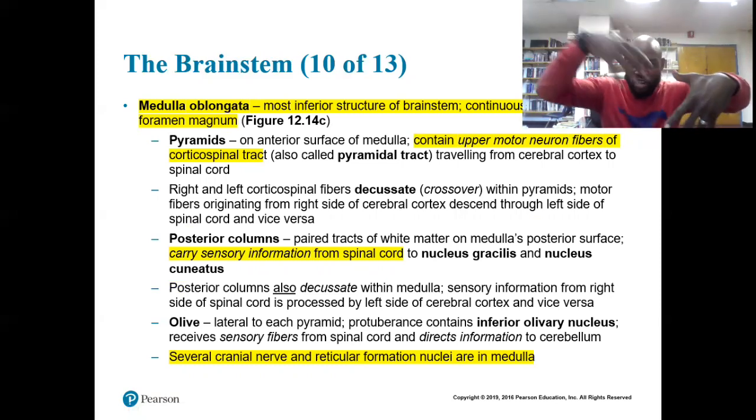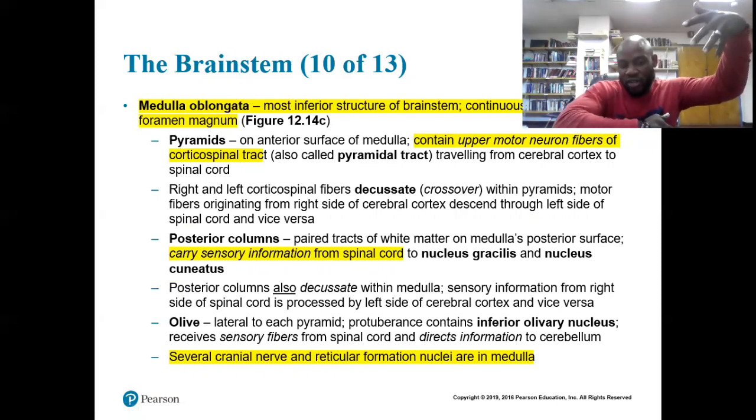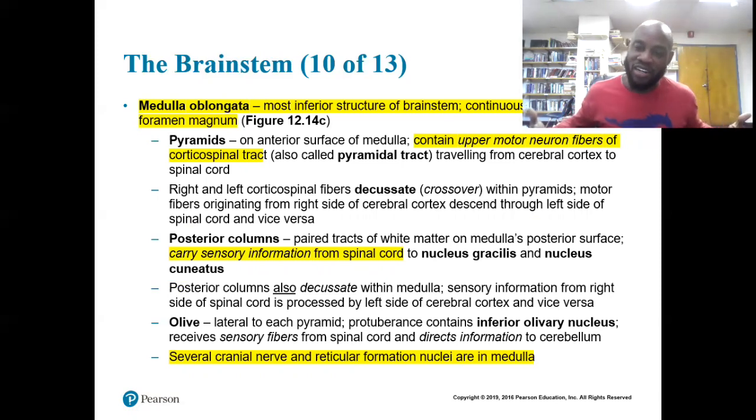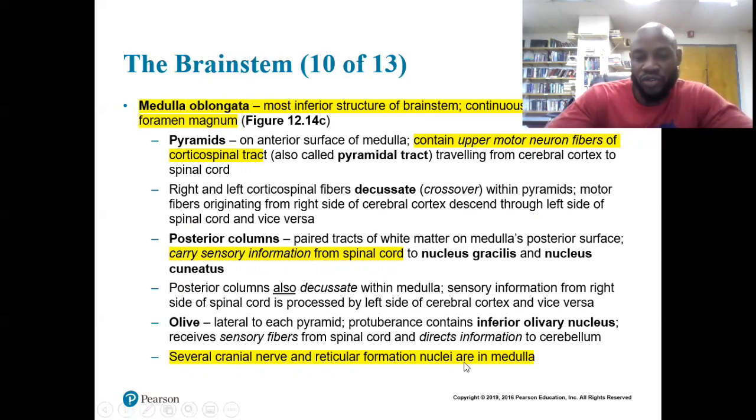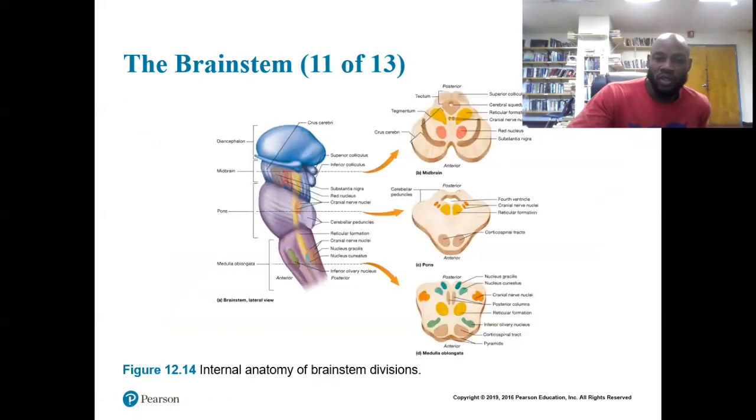The right side of your brain controls the left side of your body, and the left side of your brain controls the right side of your body. And then the reverse happens with sensory information, it switches over here. So sensory information from your right side goes to the left side of your brain and vice versa. Several cranial nerve and reticular formation nuclei are in the medulla as well. Okay, medulla oblongata.